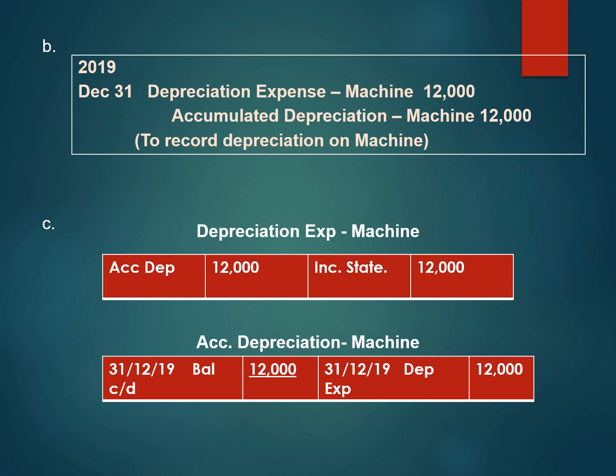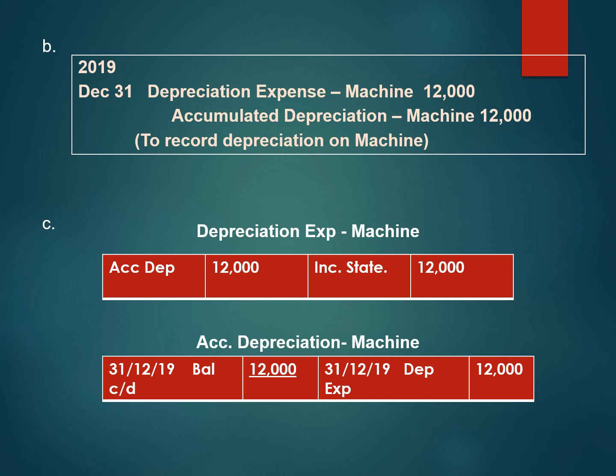And C, to draw the account for depreciation and accumulated depreciation. So we go through the depreciation expense machine. So just put the double entry for depreciation expense, that is accumulated depreciation on debit side 12,000, and at the end of accounting period we will post it into income statement for amount 12,000.